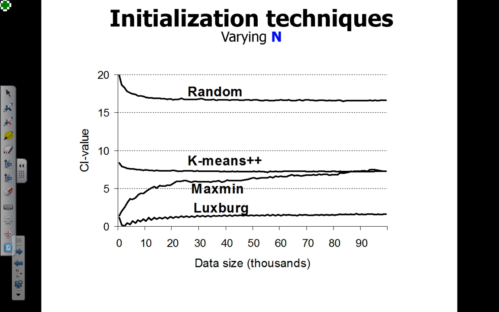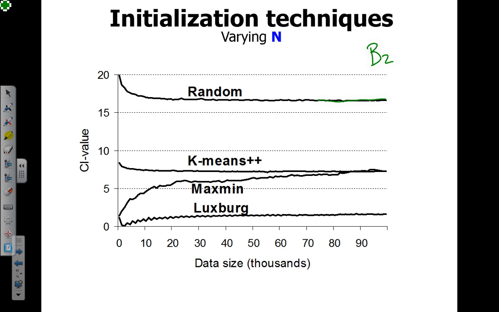So these are CI values for the birch 2 subsets, but the data size is varying, so let's see how it affects. The random was somewhere about 16 or 17 here, with no effect of the size of the data. And the same is pretty much true for the others.